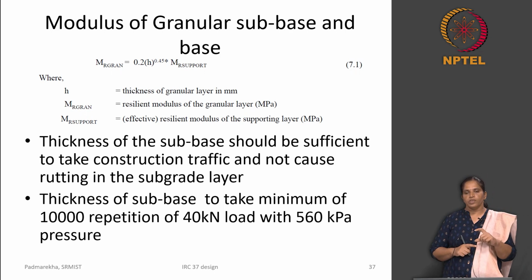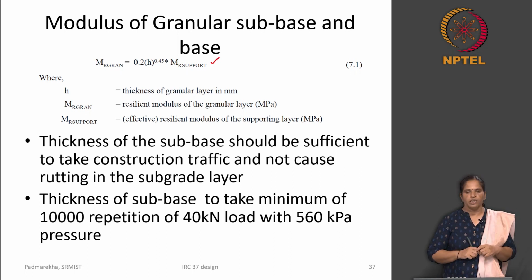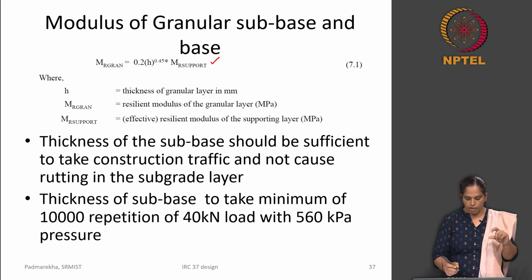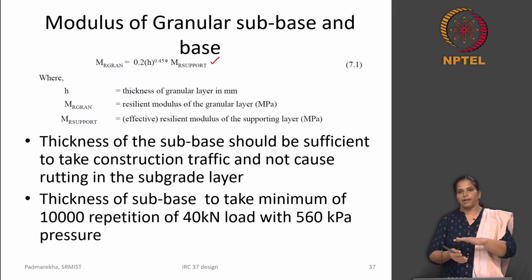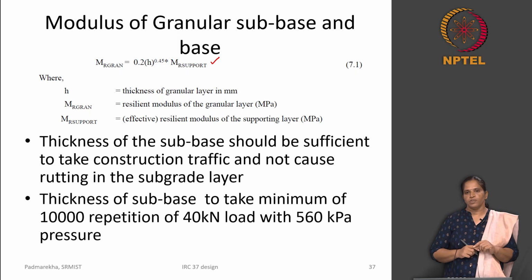Anyhow, IRC uses only one single modulus here for the entire depth, and that modulus can be computed using the empirical equations given here. So this modulus is a function of height or depth of the granular layer and modulus of the subgrade layer here. So MR support here represents the modulus of the subgrade layer, that is an effective modulus to be considered here.